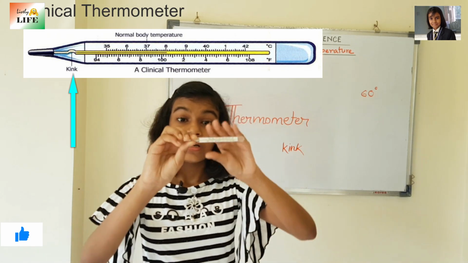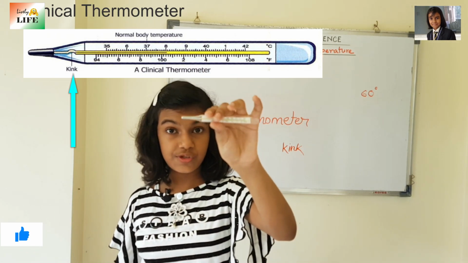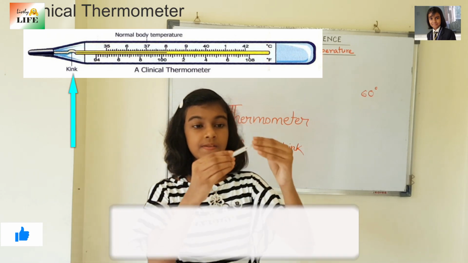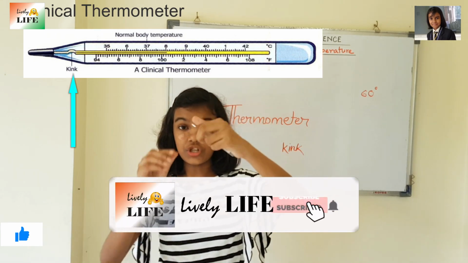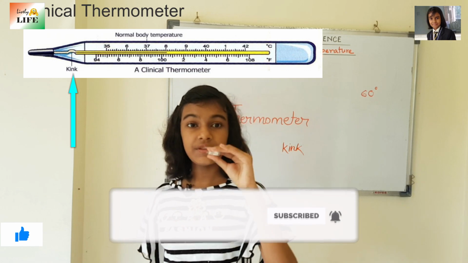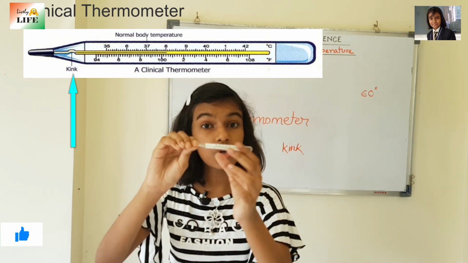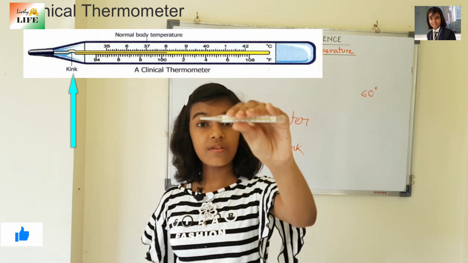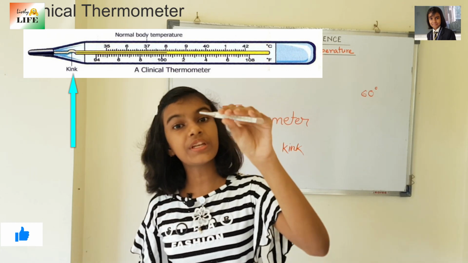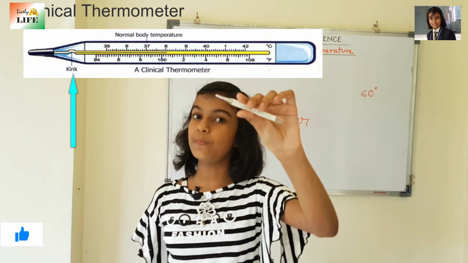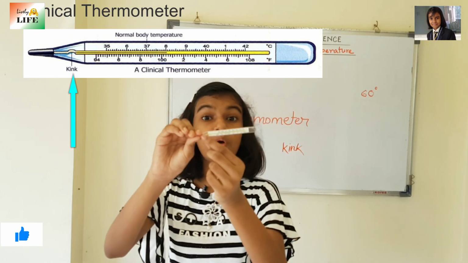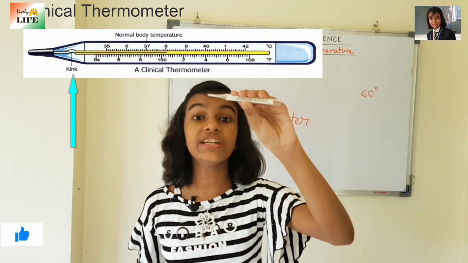The kink prevents the mercury from falling off. Suppose you are measuring a temperature, and you take it out of your mouth, the mercury is not going to fall off. It is going to stay where it is. It means you will get your temperature reading if you take it out of your mouth. Okay, that is the importance of the kink.